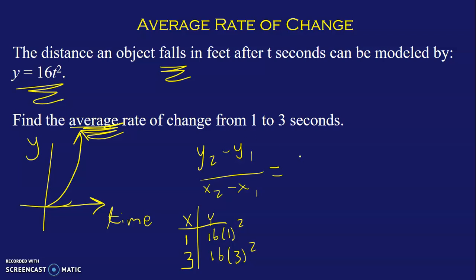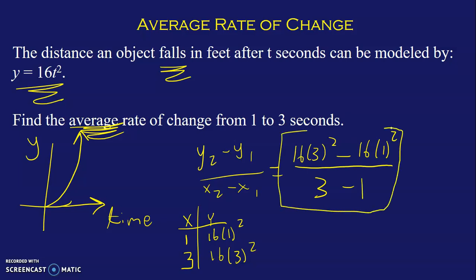y2 minus y1, I would do 16 times 3 squared minus 16 times 1 squared over x2 minus x1, 3 minus 1. On the AP exam, I can stop here if I'm on the non-calculator portion. But if there's a multiple choice portion, you may have to multiply it out.